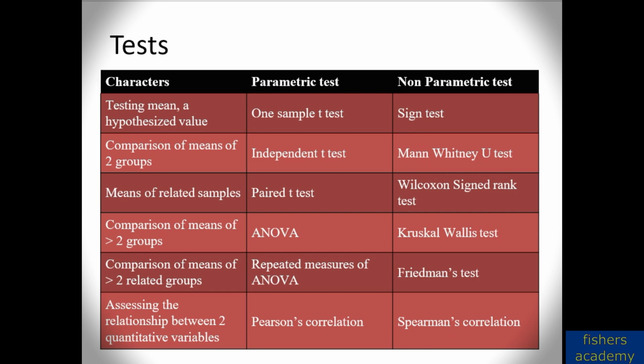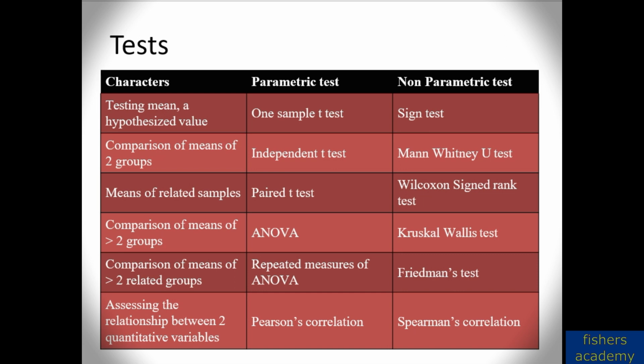Previously we have seen one table. Now I am giving situations and telling what the parametric test is and what the non-parametric test is. Suppose your continuous data follows a normal distribution, then for testing a mean against a hypothesized value we use the one sample t-test.